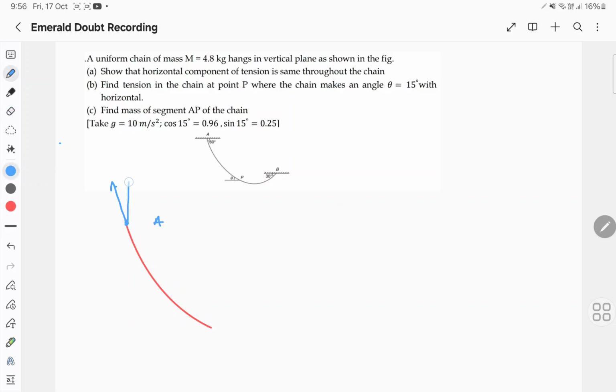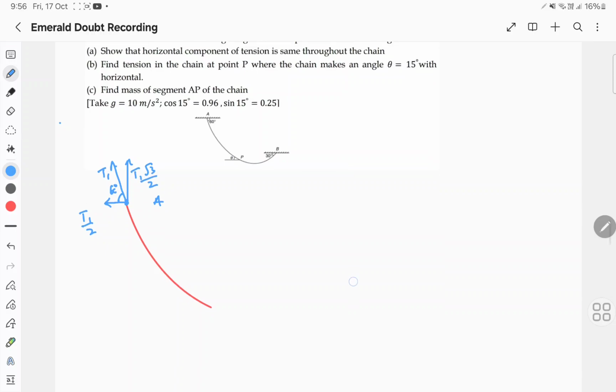So it has got a vertical component and a horizontal component. I'll call it T1. So this is T1 cos 60, the angle is given as 60 degree over here. So T1 by 2, and this is T1 root 3 by 2, sine 60 at the point A.